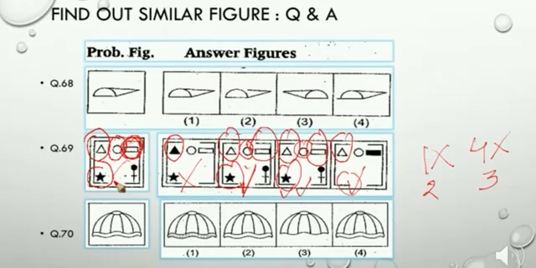Let's check for this corner. In option 2, this corner is not exactly similar because here this one dot is missing. In option 3 also this dot is missing.